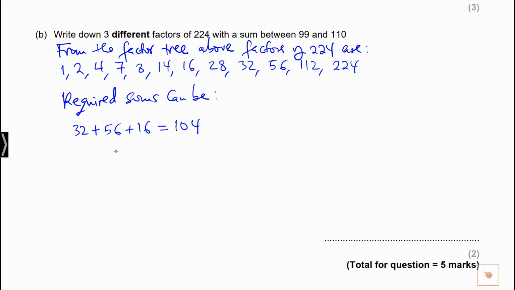And that's between 99 and 110. Or you can have 56 plus 32 plus 14, which add to 102, and that also could be an answer. Or you can have 28 plus 16 plus 56, and this adds to 100, and that also can be an answer. So either of those satisfy the given conditions.